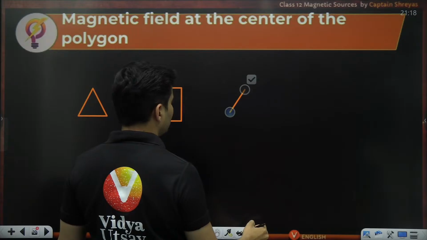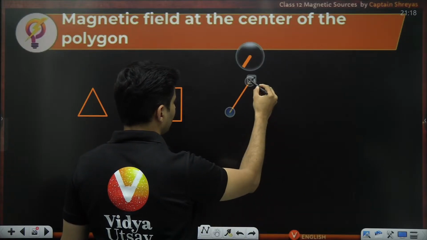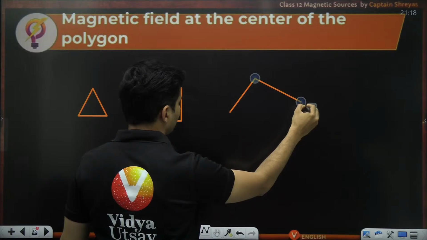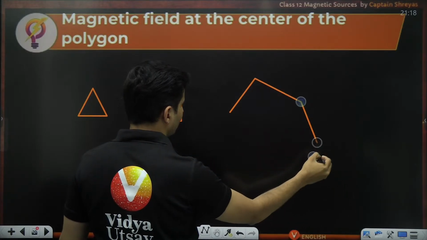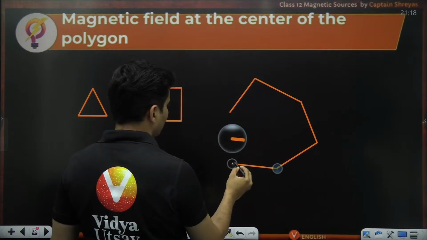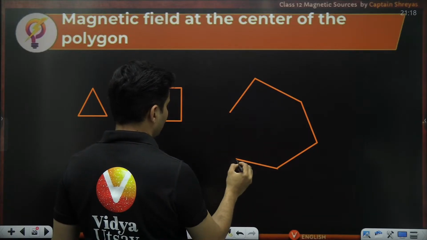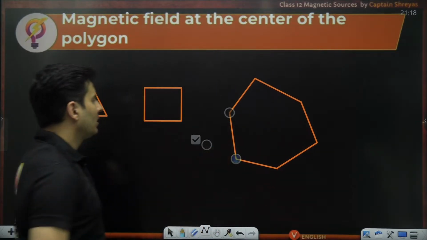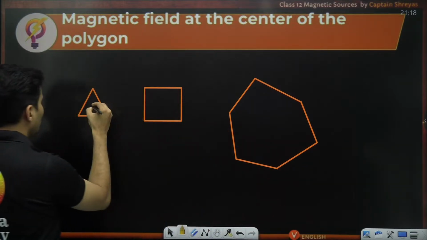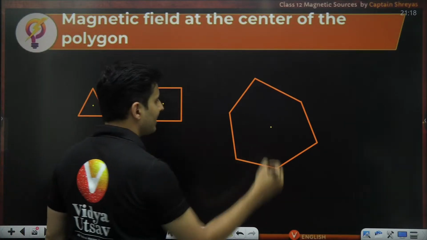You have to know this. You take any polygon and you want to find the magnetic field at the center.